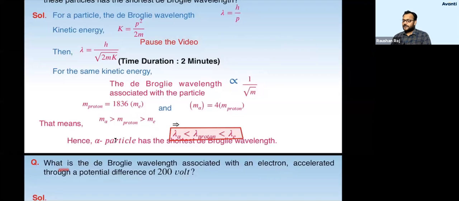What is the de Broglie wavelength associated with an electron accelerated through a potential difference of 200 volt?